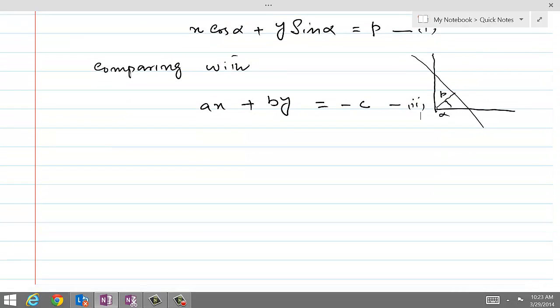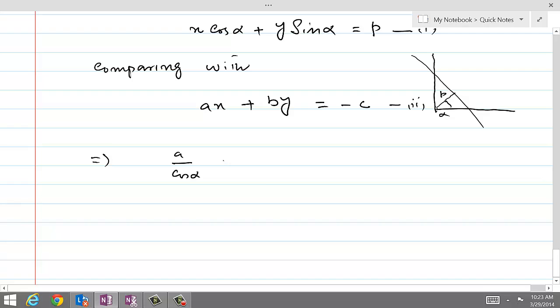Then this would give us a over cos alpha is equal to b over sine alpha, like ratio of the coefficients of x and coefficients of y should be same as ratio of the constants.